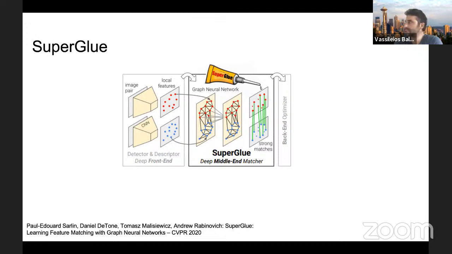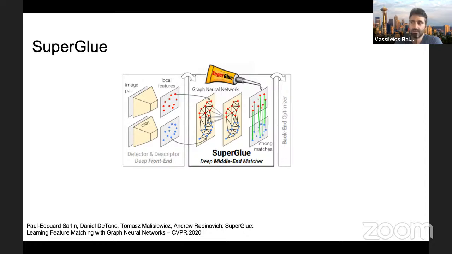This is the last paper I want to mention, because it's from this year's CVPR, which is Superglue, and it's somewhat related to the D2Net or the Superpoint ideas. But now what you have is a full network that also does a new way to do matching in the end. So in the end, you don't just get the descriptor and then do your distance matrix to get the matches, but you have a graph neural network in the end that finds the strong matches for you.